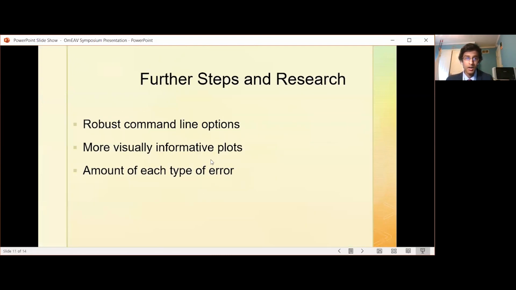And then finally, what I'm working on right now is taking those statistical calculations that I've already made, and for each of those sample sets, calculating the actual amount of each type of error. So obviously visualization is really important because it tells us not necessarily how much error there is, but that there is both types of error or one type of error in there.